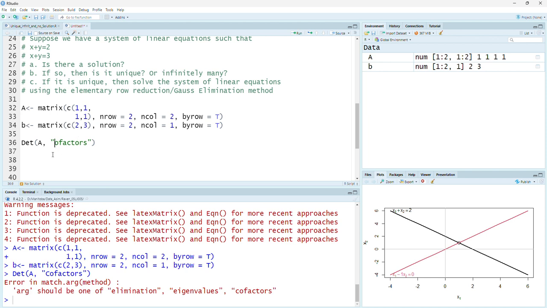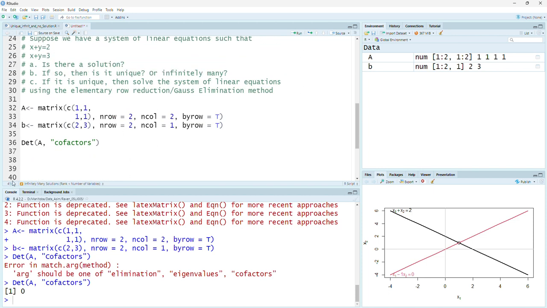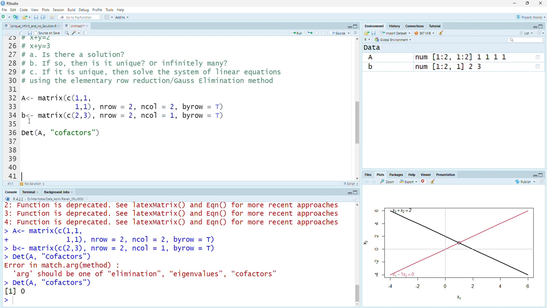It is giving me an error, so I should use small c, and let's run it. So my solution doesn't exist.